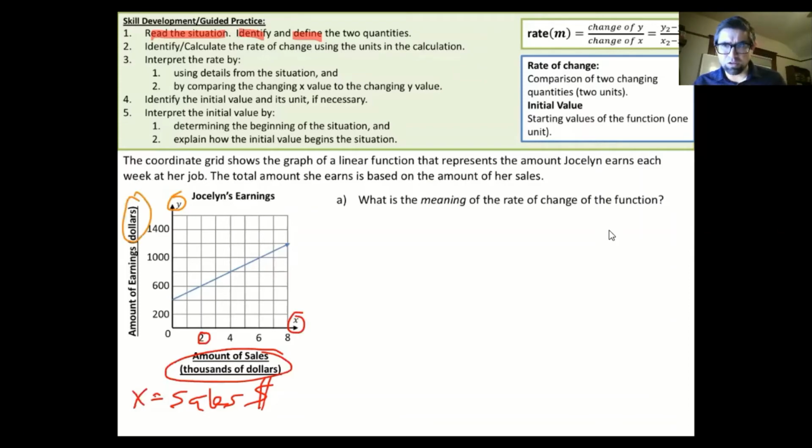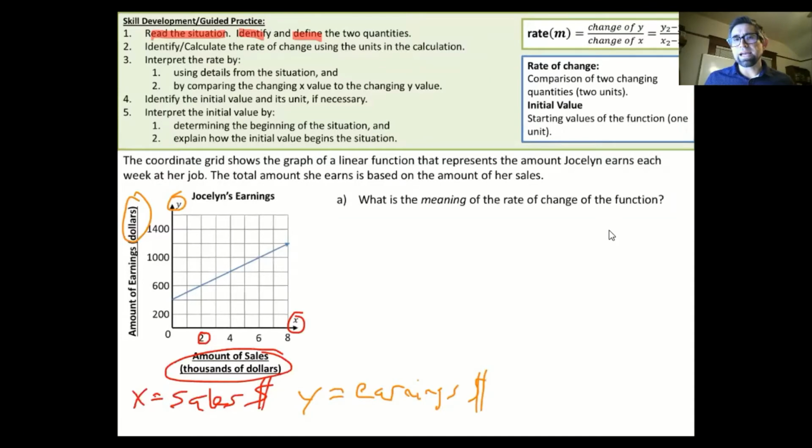These are both dollar amounts, but the x values are talking about how much money she has made in sales, while the y value tells us how much money she actually makes herself, how much her paycheck will be. So let's go ahead and define that one. y would be her earnings, and that is again in dollars. Okay, so step one is done. We have identified our two quantities, and we've defined them both.